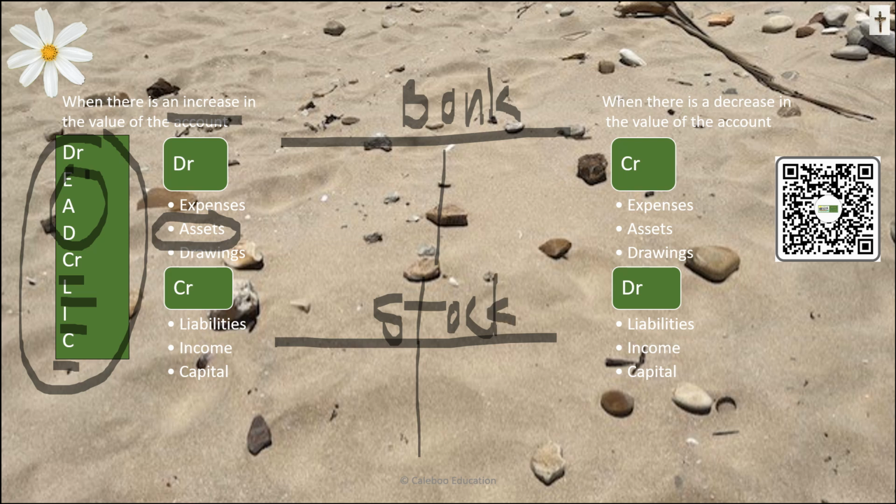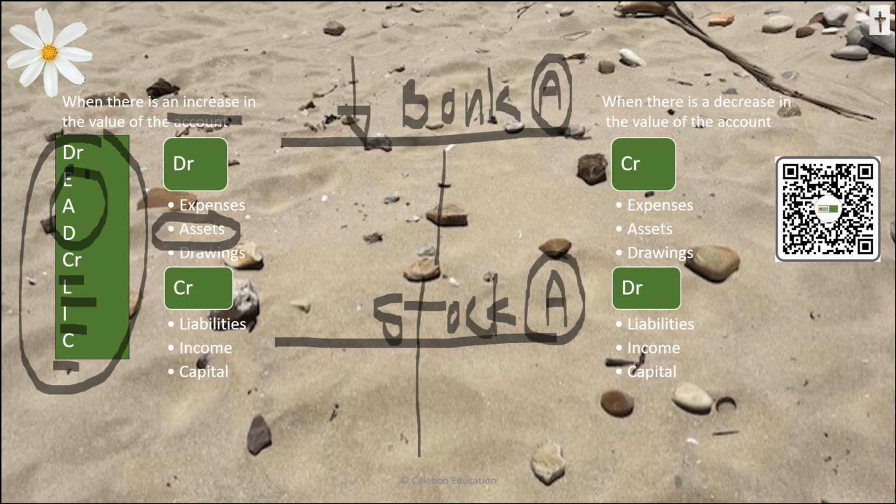Now, by definition, bank has a positive balance. Bank is a current asset. Stock, by definition, is also a current asset. Quite interesting. Both these accounts involved in this transaction are assets. Bought stock for cash. What has happened to our bank balance when we paid out money?